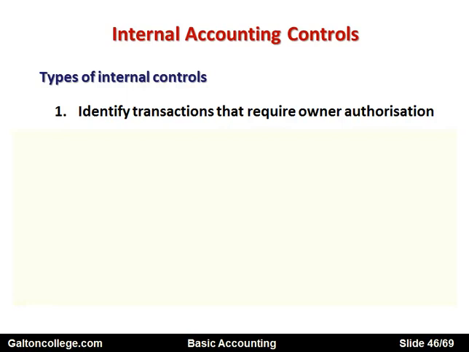No one else can authorize, so there is control. If it was the case that anyone can authorize or anyone can sign it off, then there would be a lack of control, and it would be difficult to determine who's responsible for whatever item of expenditure and why it took place in the first place.